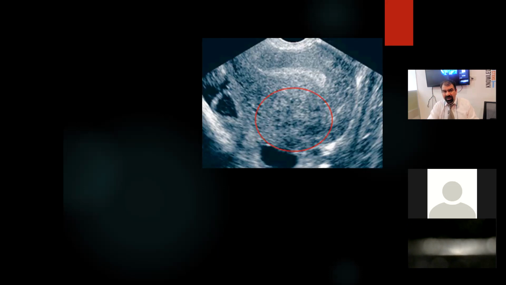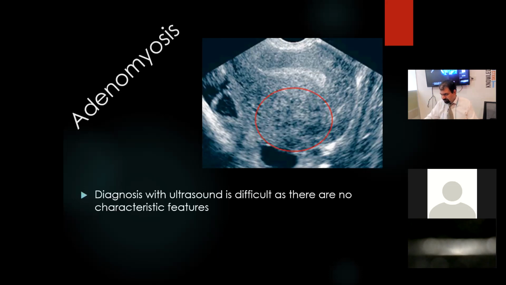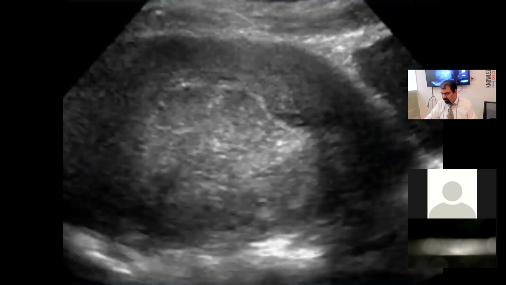That will be a chocolate cyst. So if there is adenomyosis and endometriosis also on top of it, that adds to the diagnosis.